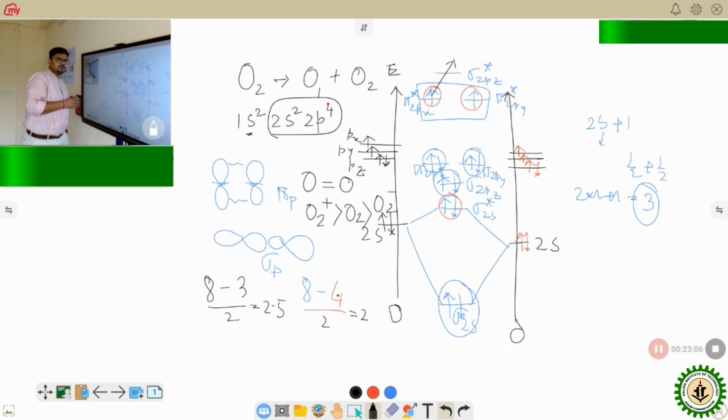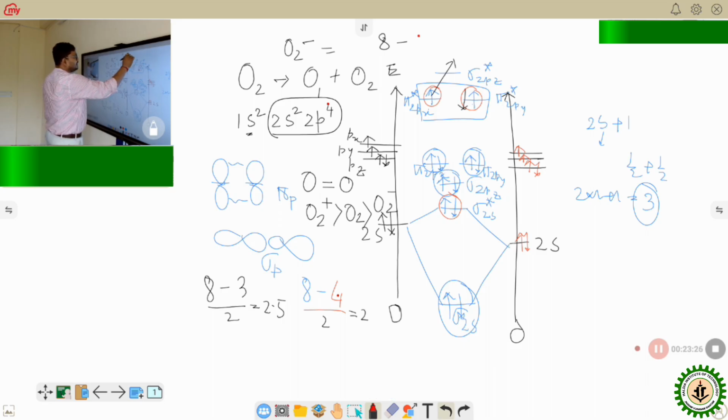Again in the outermost shell, in this pi star orbital 1 electron will come. So that means the number of antibonding electrons increases. So for O2 minus, the bonding electrons remain the same, 8, and now the antibonding electrons, instead of 4, become 5. So the bond order becomes 1.5.